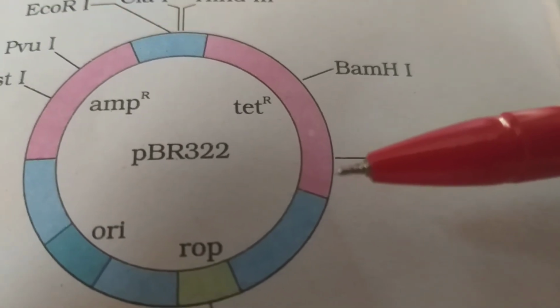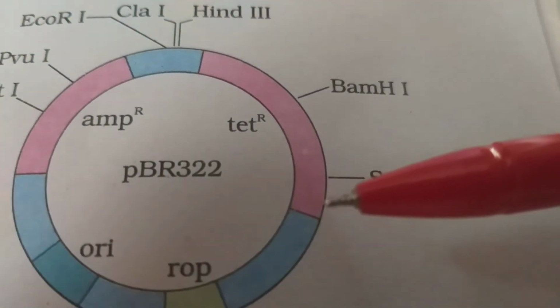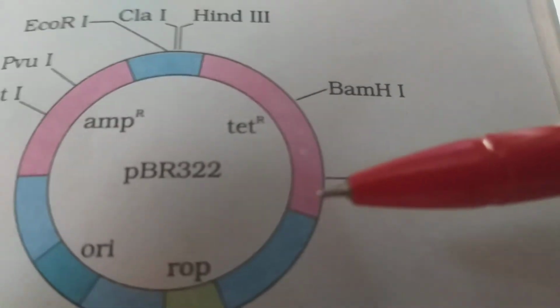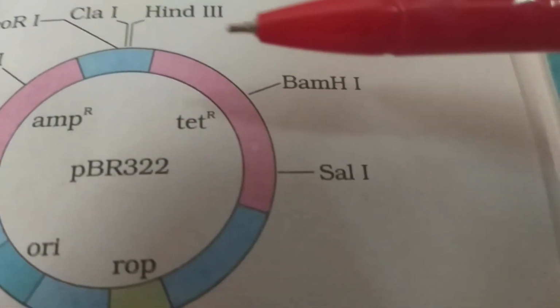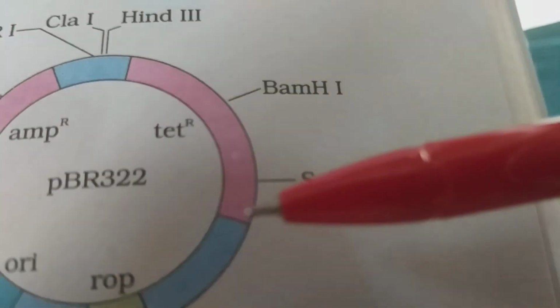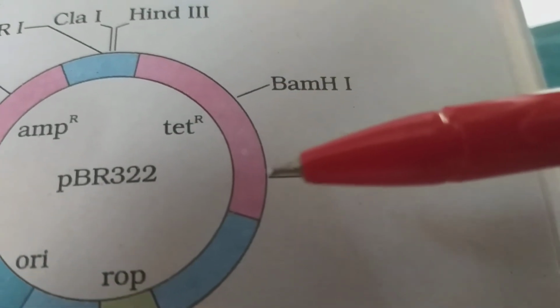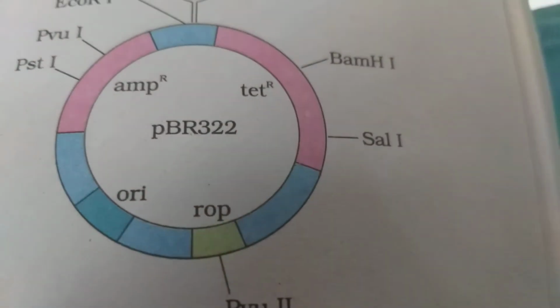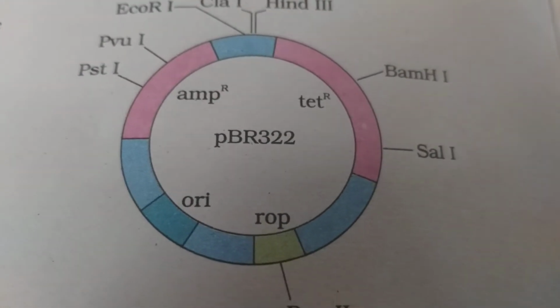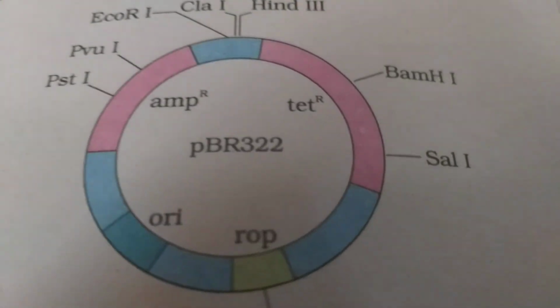Now, when a piece of DNA is linked in the antibiotic resistance gene at the restriction site, the cloning vector will lose resistance to tetracycline.